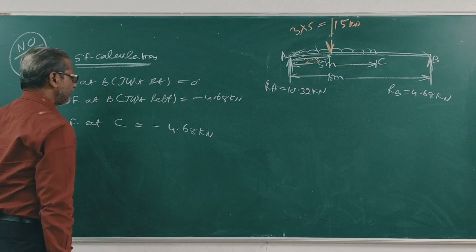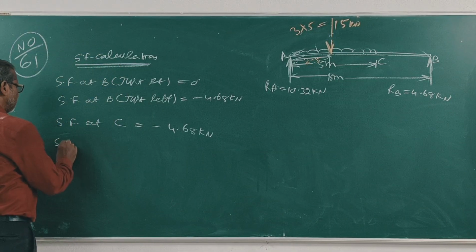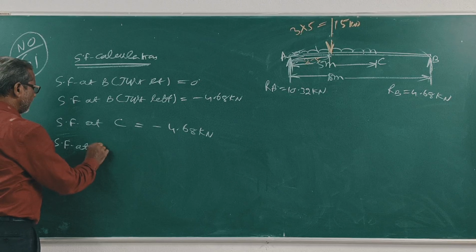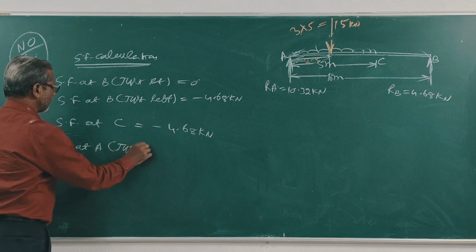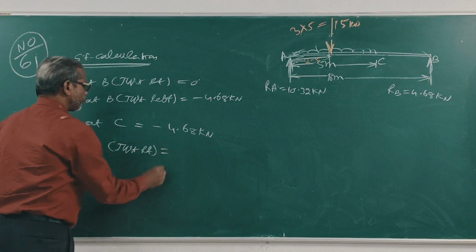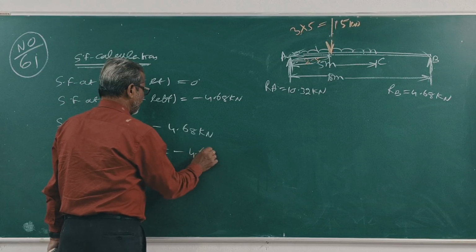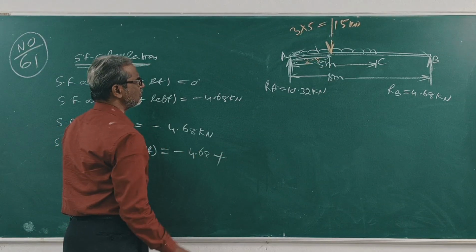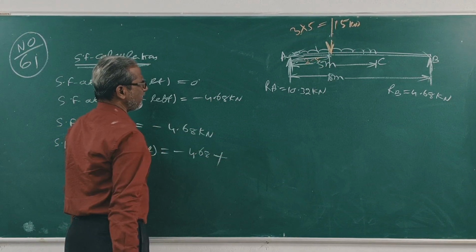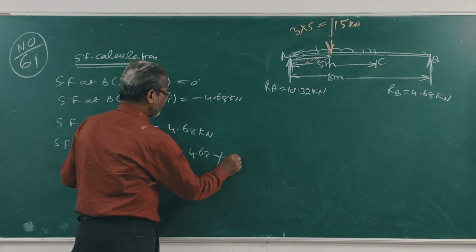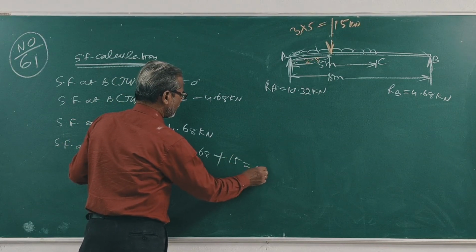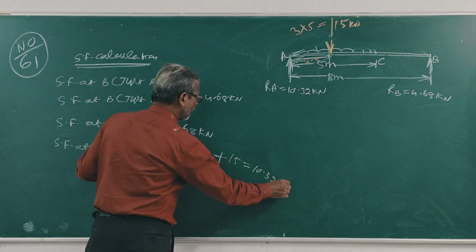At A, shear force at A just right: minus 4.68 plus 5 into 3, 15, which is 10.32 kilonewton.